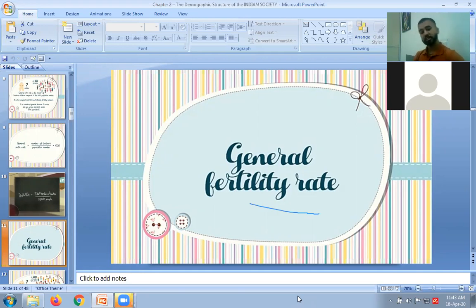Now, why do we need to understand general fertility rate? Look, out of 1,000 population, not everyone is going to give birth to children. Obviously, women are the ones that are going to give birth.